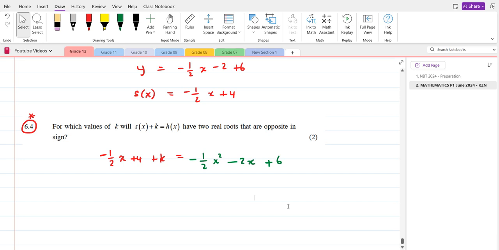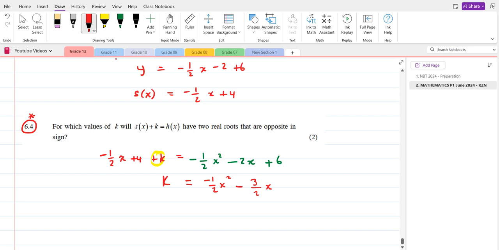Now I'm going to write this entire thing out, take it over to the other side besides the k. Don't take the k over, keep the k there. And say that's minus half x squared minus 2x plus half x. That's minus 3 over 2x.